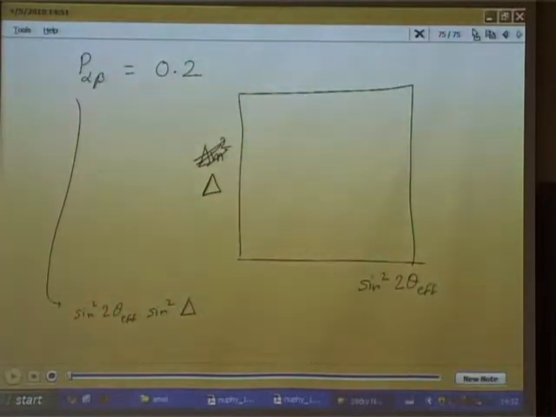So what will this value look like if I want to plot the contour of P alpha beta equal to 0.2? Firstly, this is 0.2. This would mean that sin square of 2 theta effective has to be more than 0.2, because it gets multiplied by sin square delta.